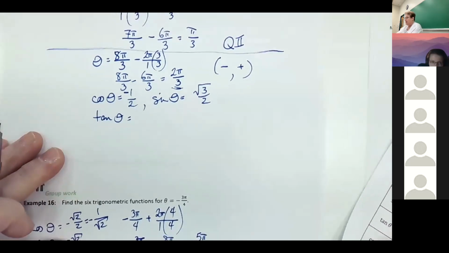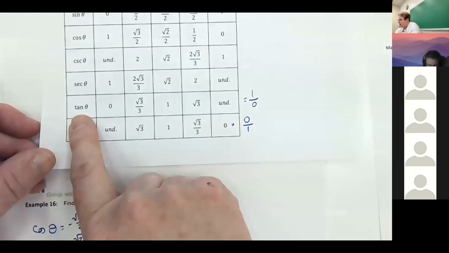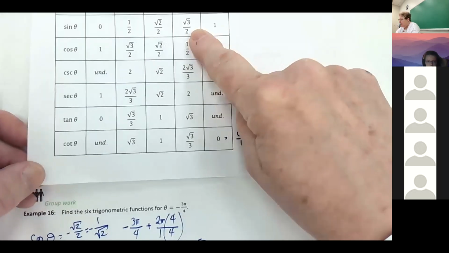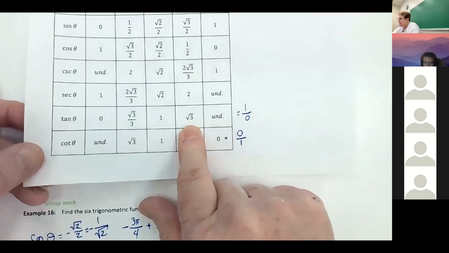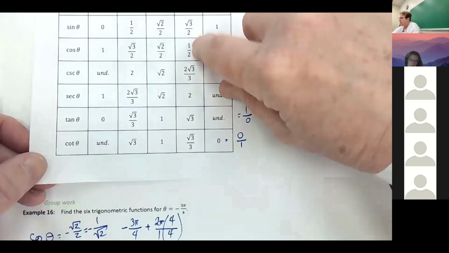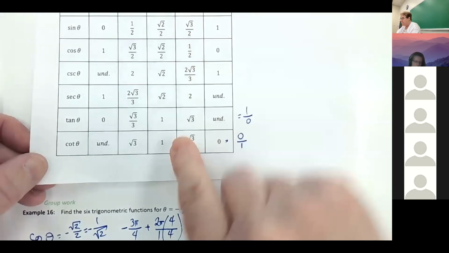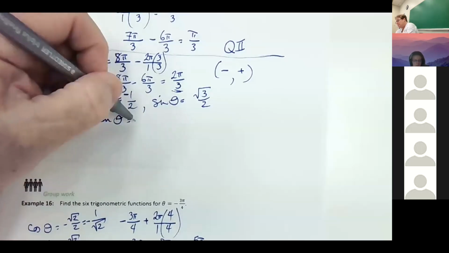And the reason why I want you to have this chart is that sometimes dividing these things is frustrating. If you divide square root of 3 over 2 by 1/2, you get square root of 3. If you divide 1/2 by square root of 3 over 2, you get square root of 3 over 3. So the tangent will be square root of 3.